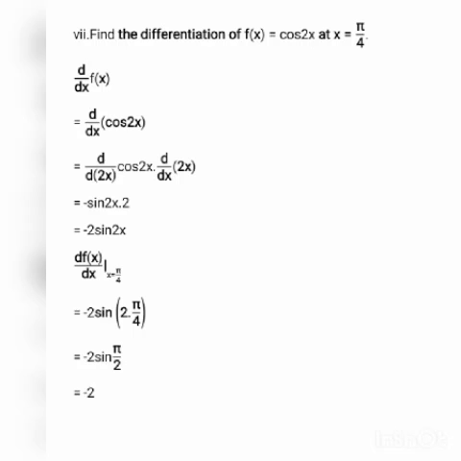Therefore the differentiation of cos 2x is minus 2 sin 2x. Now to find df(x)/dx at x equal to pi by 4, we will substitute x by pi by 4. That is, we will have minus 2 sin 2 into pi by 4, which is equal to minus 2.